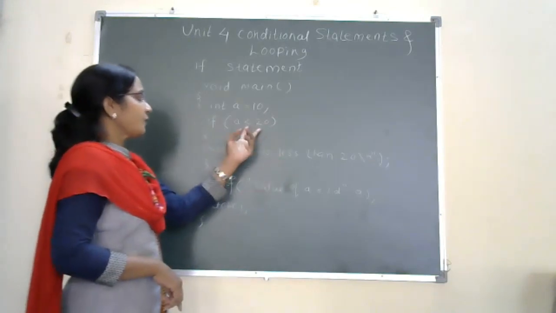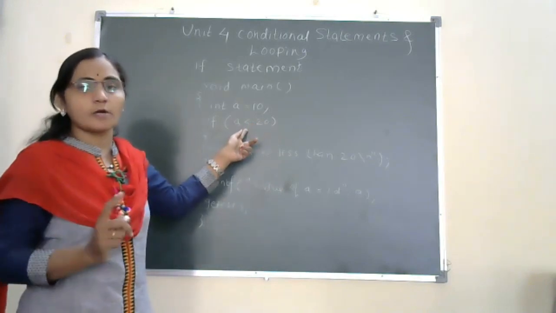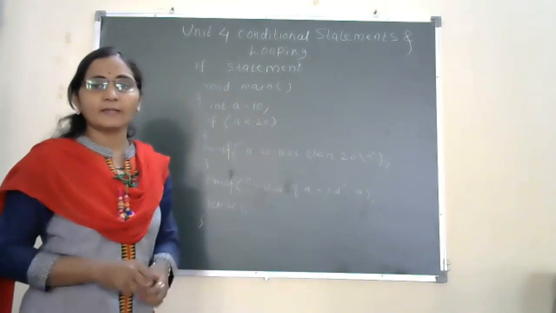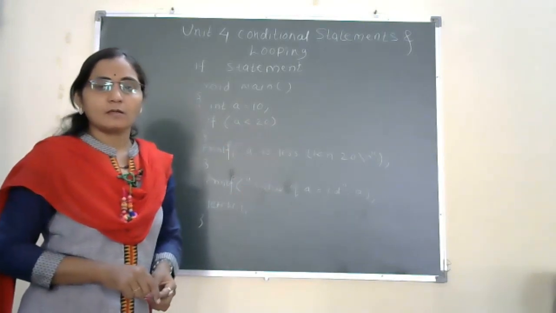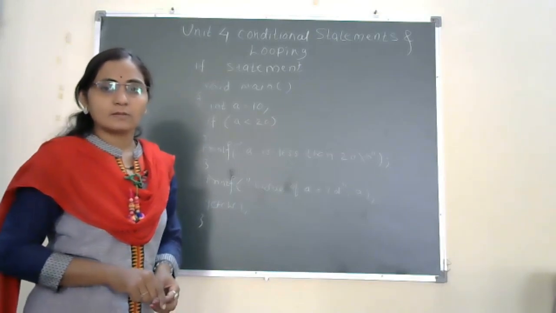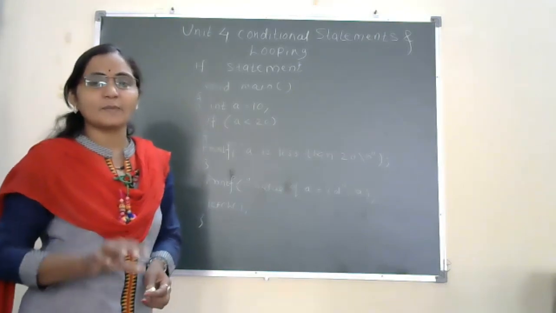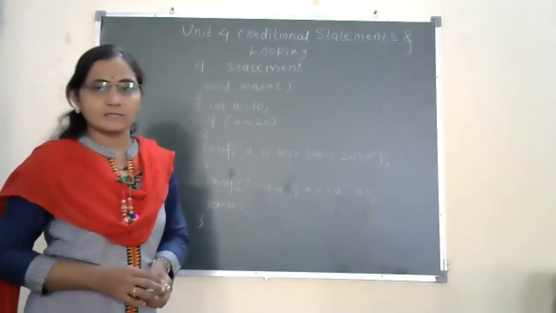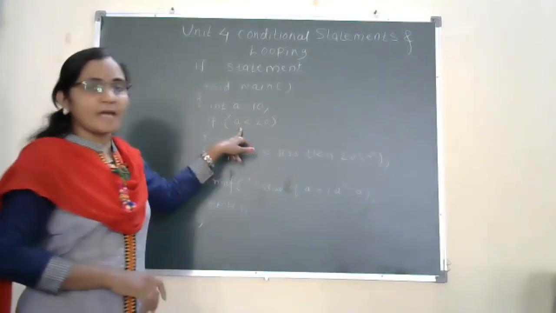If a is less than 20, what will be the result? Please unmute your mic and tell me. Is the condition true or false? What is the value of a?